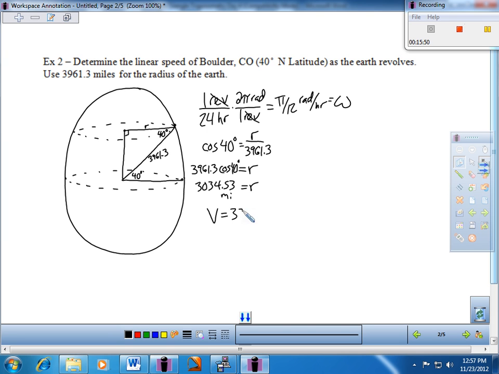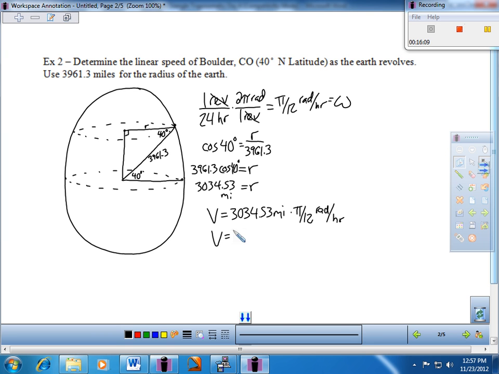Now that we have it, everybody, I've got 3034.53 miles times the pi over 12 radians per hour. Radians, again, is unitless, everybody, so it's essentially going to be in miles per hour. And then just let the calculator take over here and do exactly that piece.